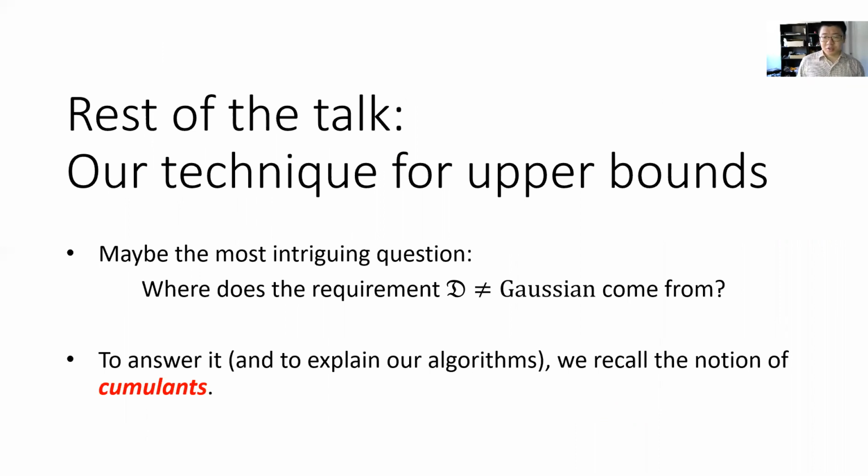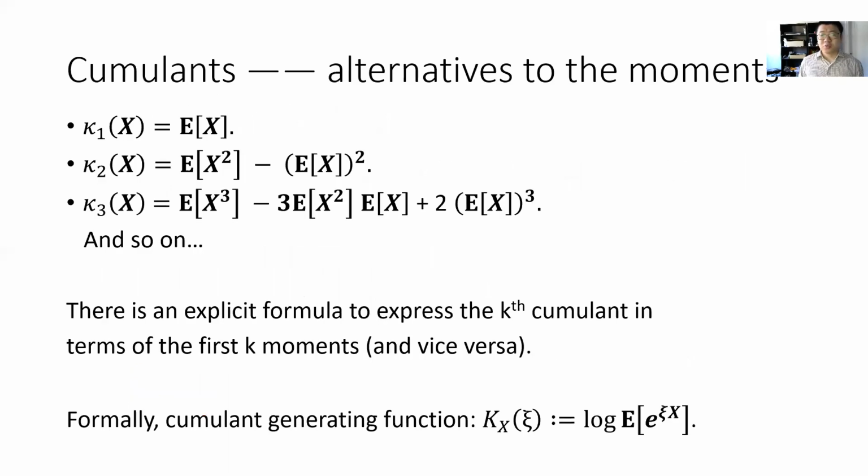So maybe the most intriguing question from the theorem statement is where does the requirement that D is not Gaussian come from, or why our algorithm works for any non-Gaussian. To answer these questions, let me introduce cumulants. So cumulants are alternatives to the moments of real random variables. So these are the first three cumulants in terms of the moments.